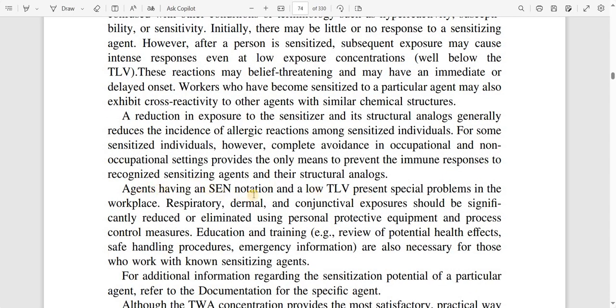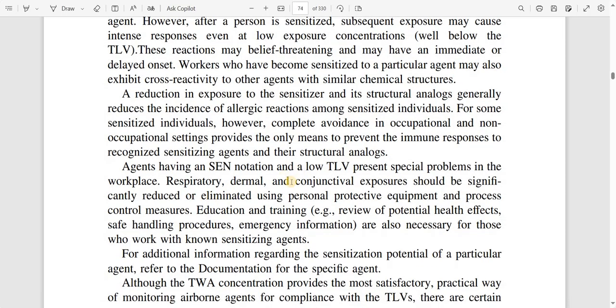Agents having a SEN notation and a low TLV present special problems in the workplace. Respiratory, dermal or conjunctival exposure should be significantly reduced or eliminated, with personal protective equipment or process control measures.